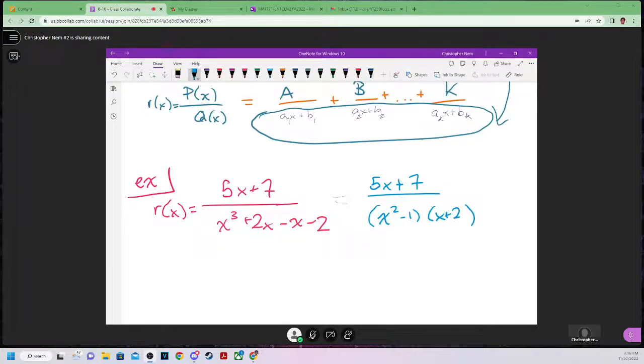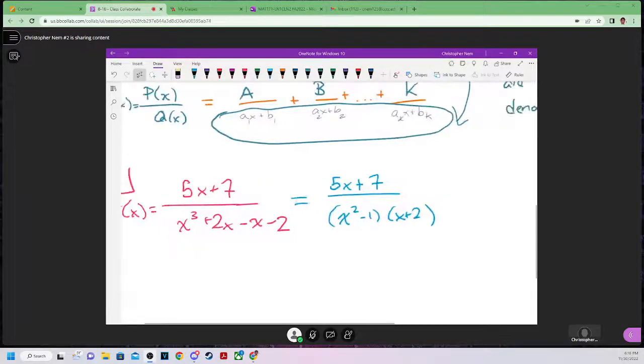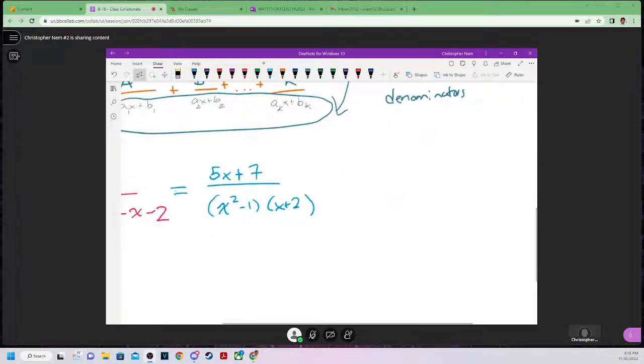Now, the problem is that this rational expression that we factored it into is not fully factored. We can factor it even more. So let's go ahead and do that. If I factor this out even more, I get 5x plus 7 all over x plus 1, x minus 1, x plus 2. Boom.